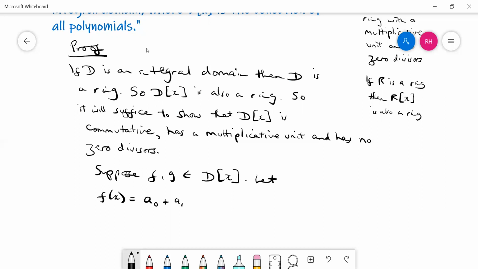I went like this: a0 plus a1x^1 plus ... plus amx^m, where all the ai are elements of D and where m is a positive integer. I think what I'm going to do is write it like this instead. So this keeps going, but I'll say here that ai is an element of D for all i.